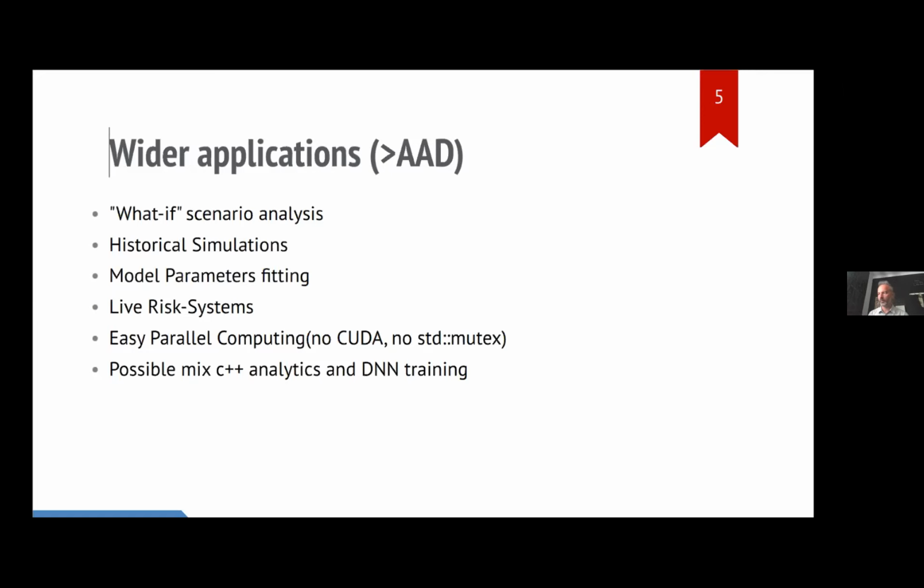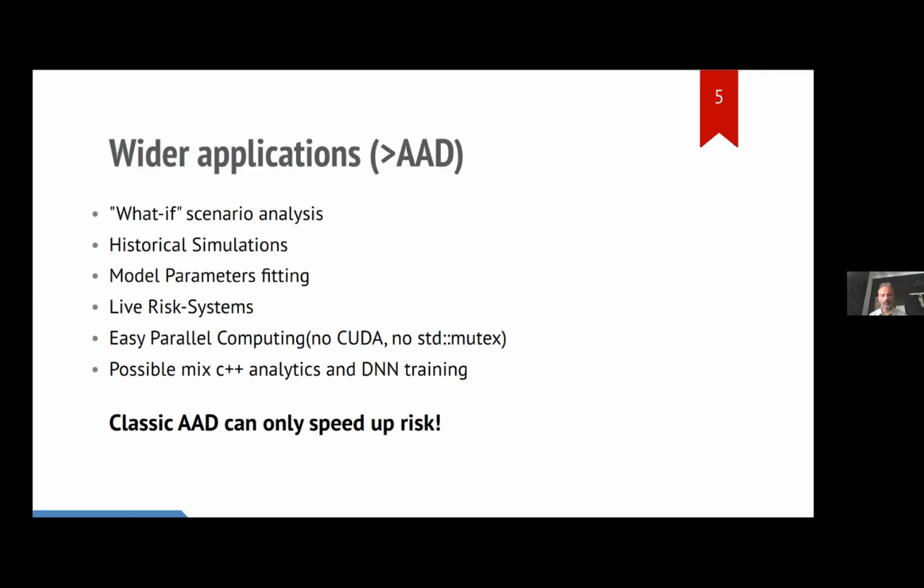This is a very powerful concept. You don't really need to go to Python to do your neural network training. You can do it on the fly inside C++. And classic AAD cannot really cope with this. It cannot help you with scenario analysis for sure. It can do AAD, but it will slow it down.